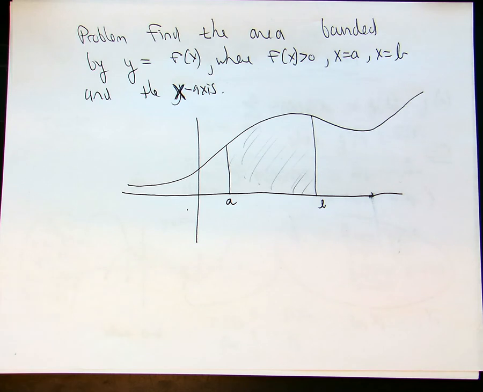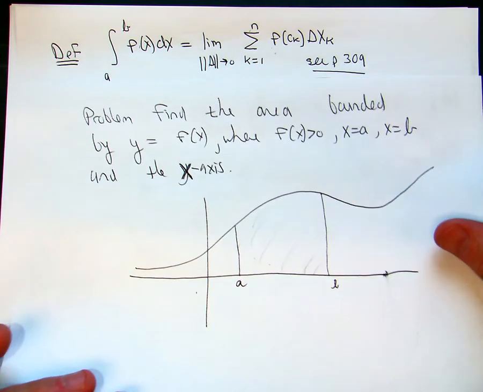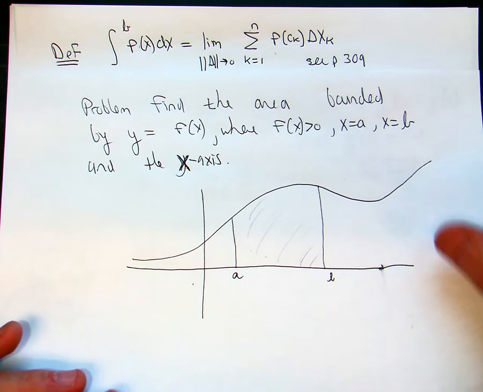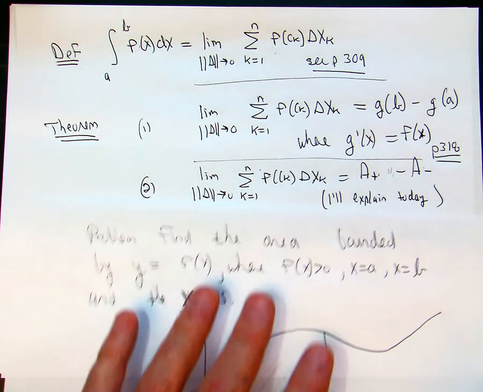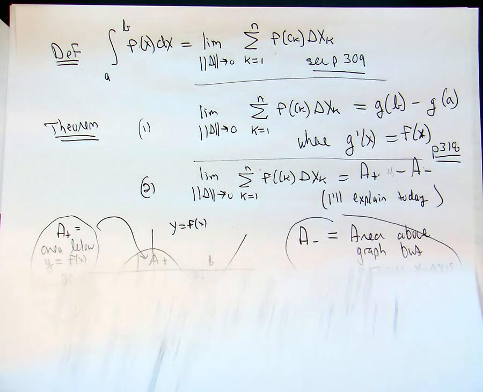Okay, so in the last video, I gave you a very complicated definition. And what we're going to do today, that's this thing right here, this definition. What I'm going to do today is try to show you why.